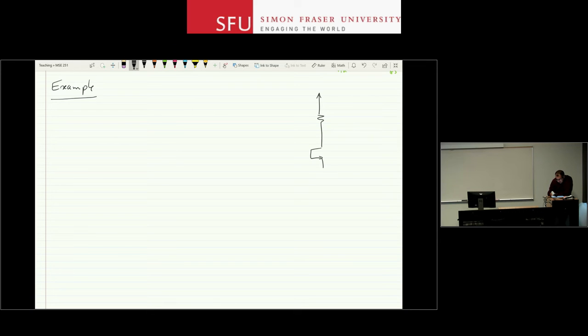So here's the circuit. Okay, so I have a circuit like this, right?